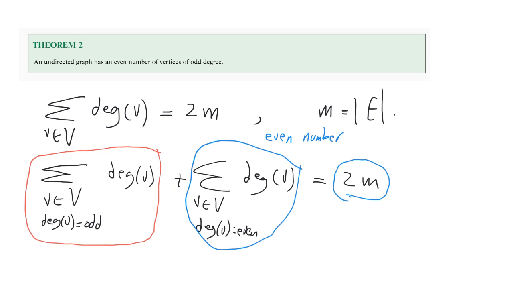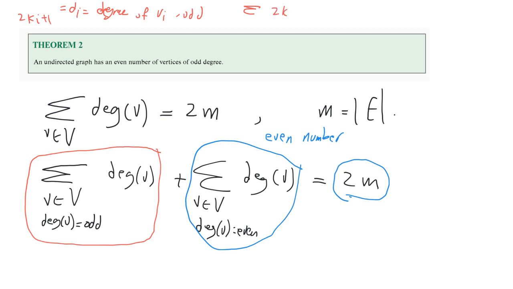So let me actually write it for you just here. I write it on top. Let these numbers be di. So let di be the degree of vi, and odd. Then the summation, the red summation there, is some sigma. By definition, we can write this di as 2ki plus 1.